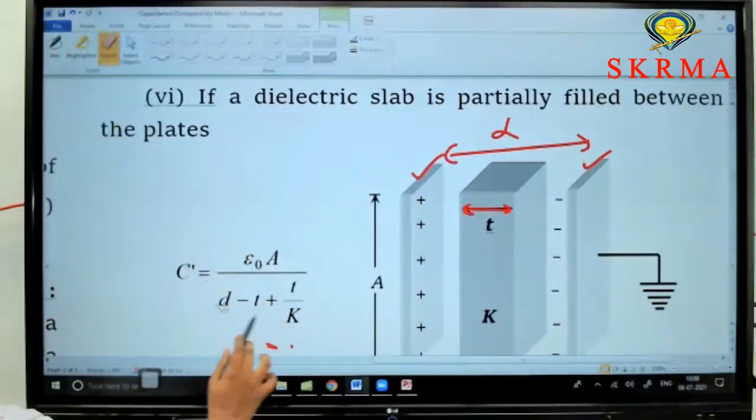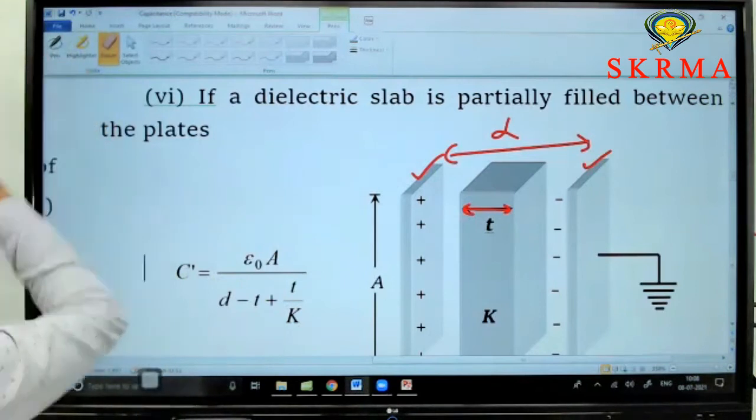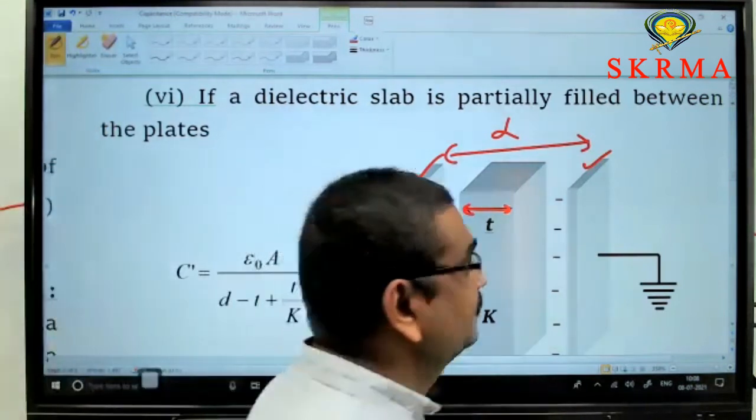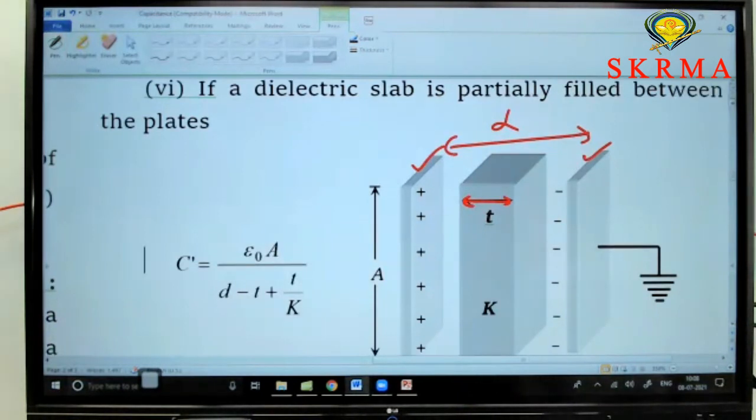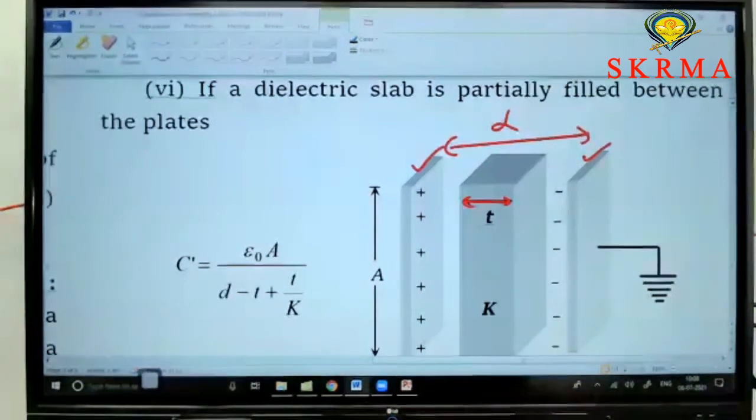This is the formula for the capacitance of a partially filled capacitor. Next one.